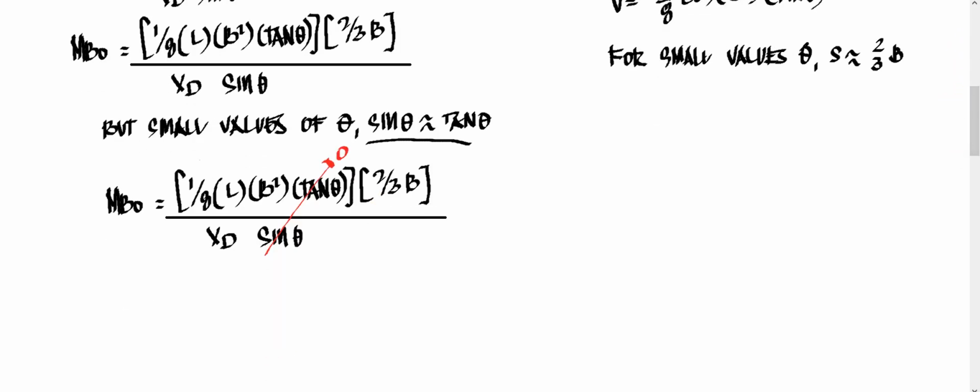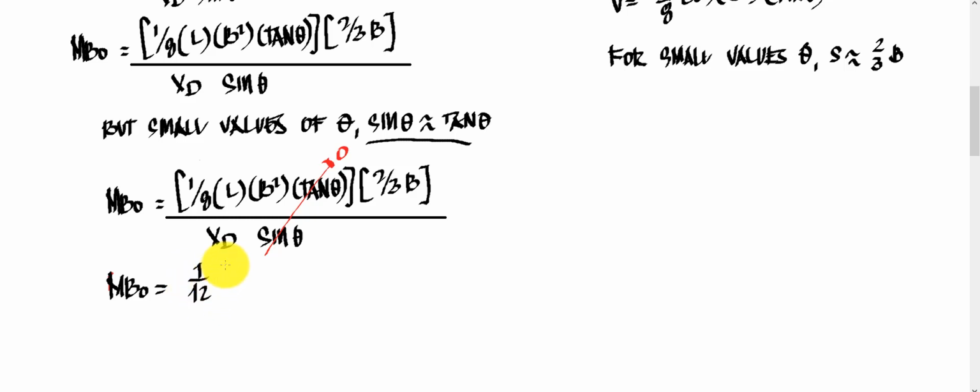Then our equation will be rewritten as MB sub O. That will be equal to 1/8 times 2/3, so we multiply the 1/8 by 2/3, and it will be equal to 1/12.